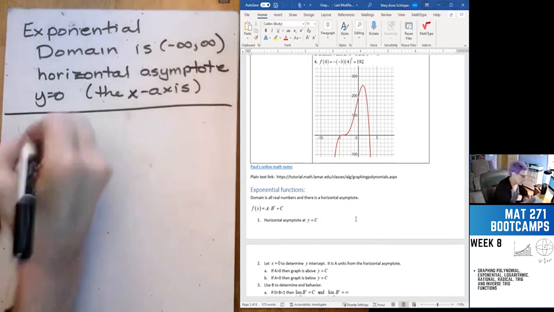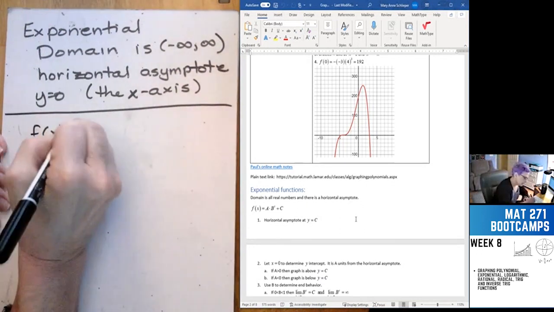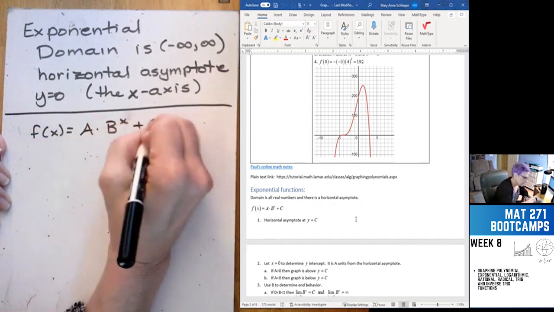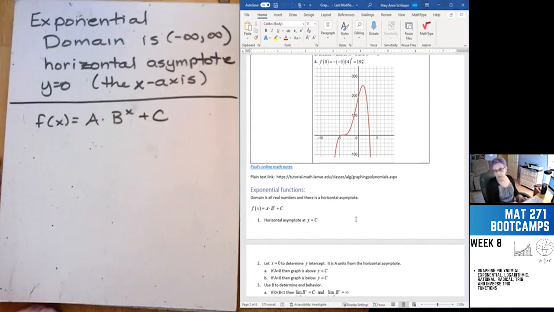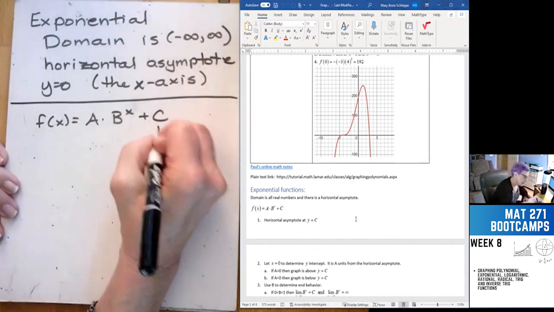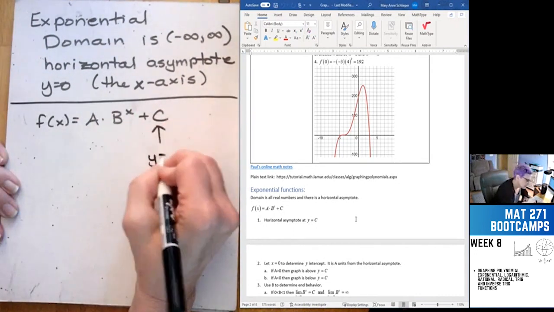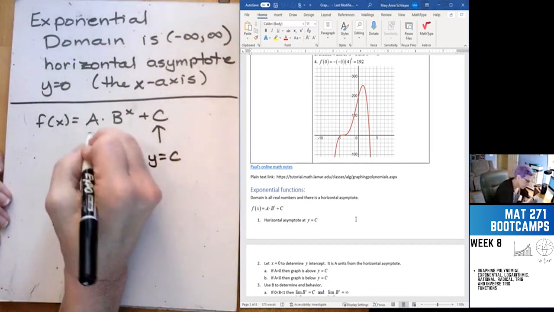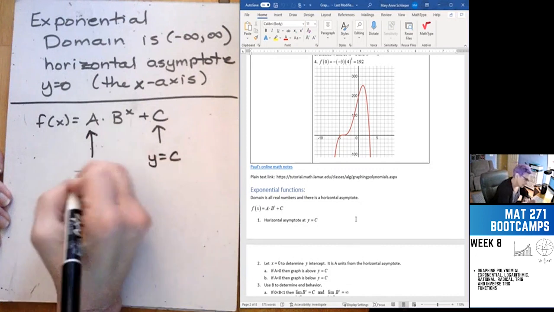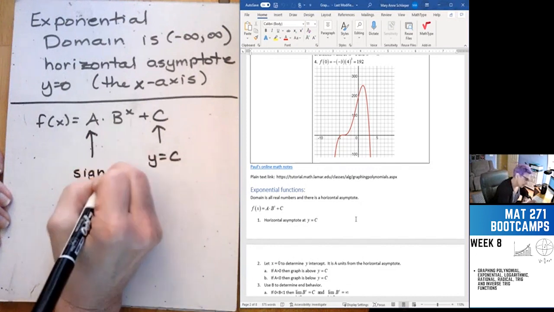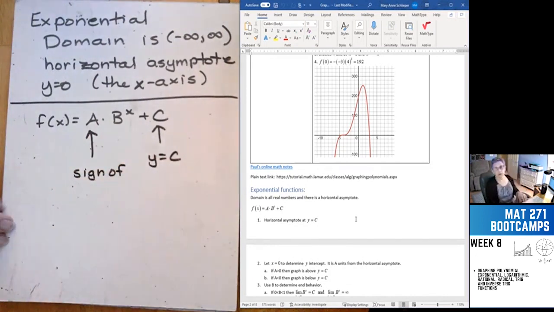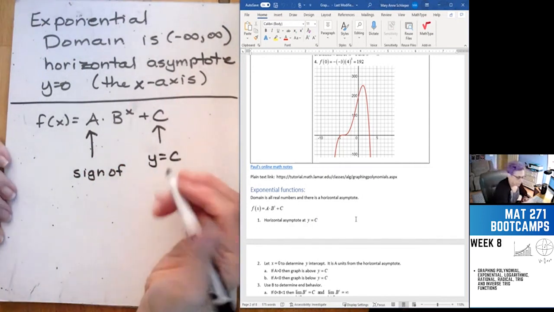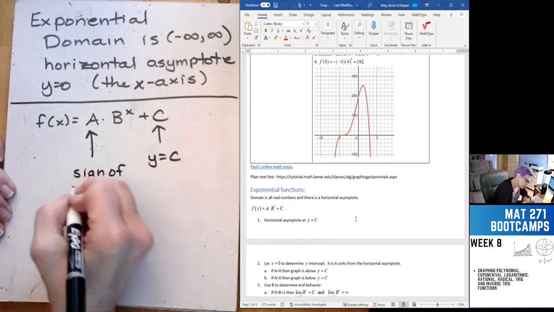So that's where you end up with f of x equals a times b to the x plus c. The horizontal asymptote is right here at c. The sign of a tells you whether you live above or below the horizontal asymptote.